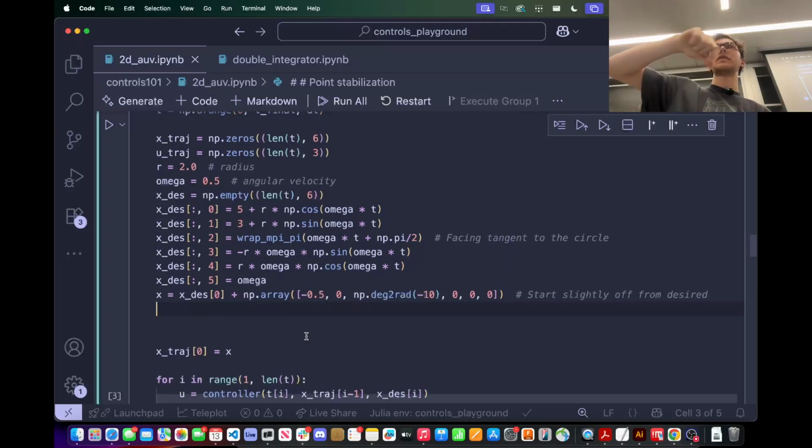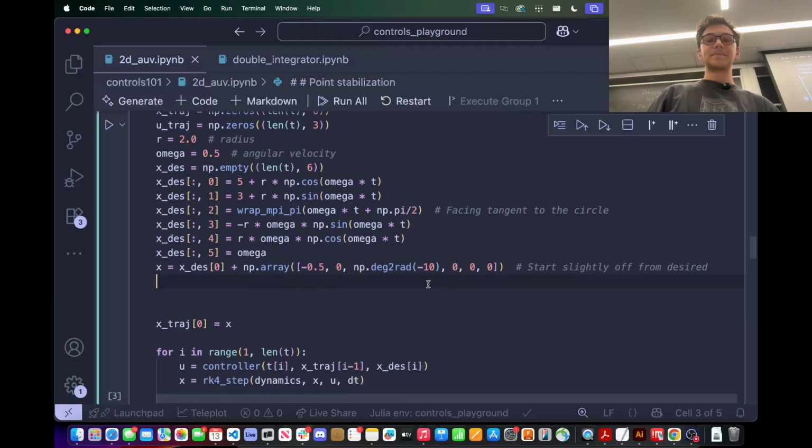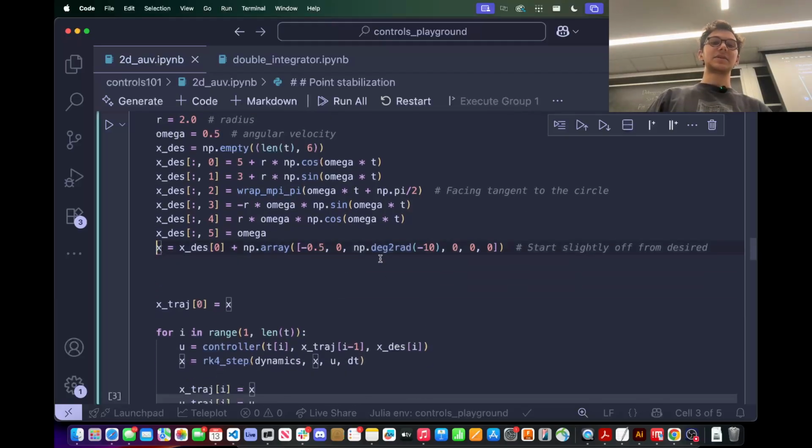So I want it to be moving in a circle, and I want the heading of the robot to be tangent to the circle at all times. So it's going to move just around in a circle like that. And I'm also going to set the initial position to be off the circle a little bit. And then I want to see it go and start tracking the circle.